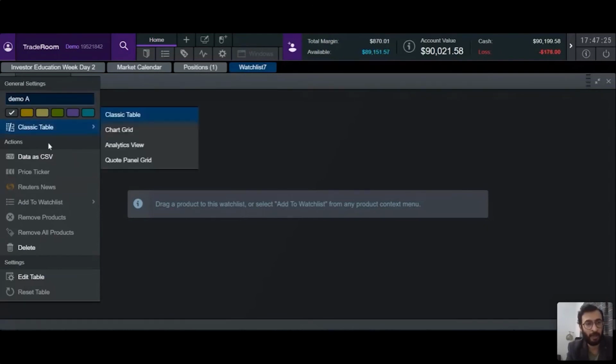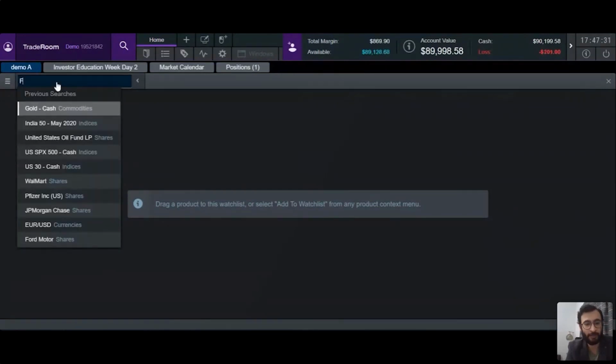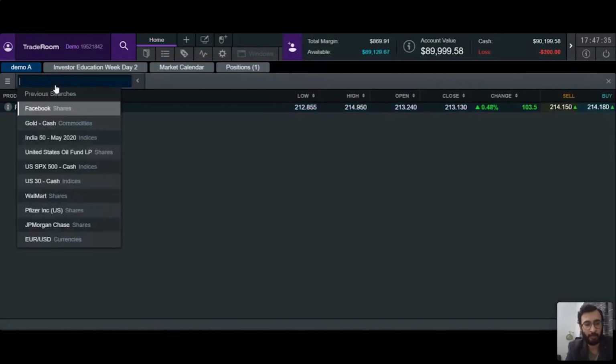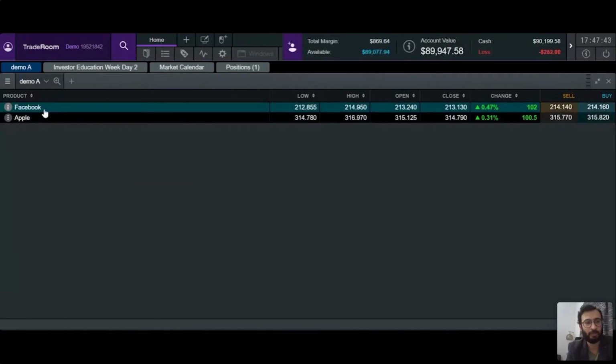Let's say demo A, and this watch list is saved. All you have to do is now add your product. Let's say you like Facebook. Select Facebook, add it. Again, add, say, Apple shares. Like this, you can keep adding different products.